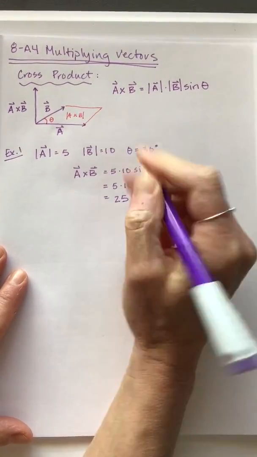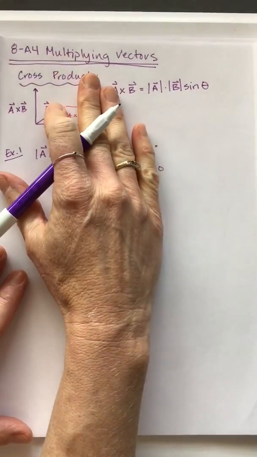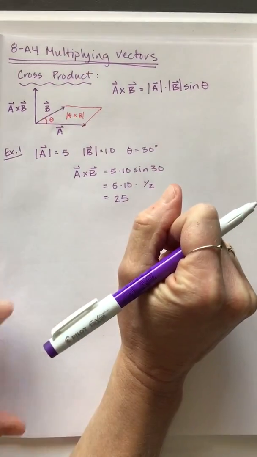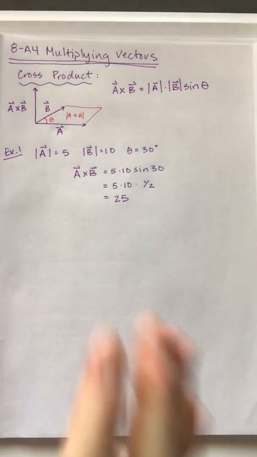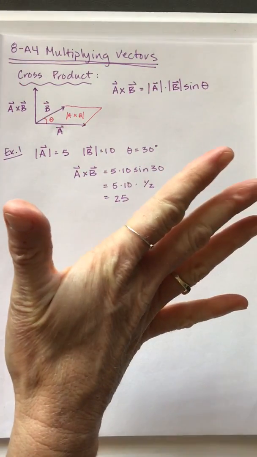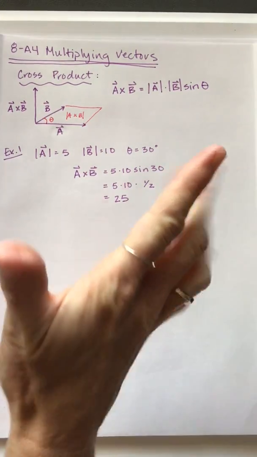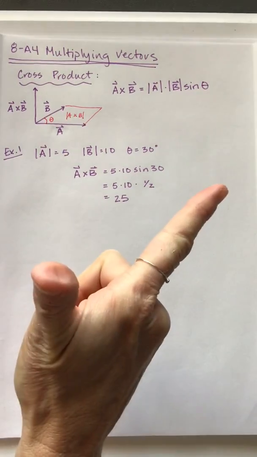And then to get the direction of this, it's kind of cool. You take your right hand and you make a gun out of it, like you're going to shoot somebody.